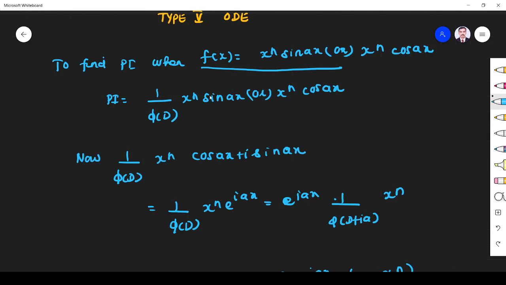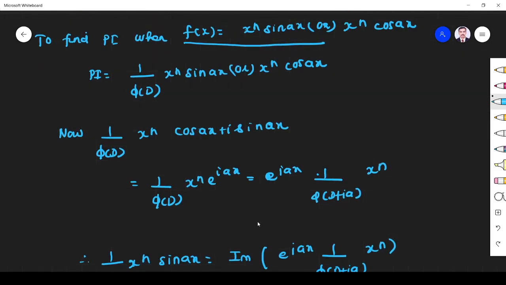We know that e power iax is equal to cos ax plus i sin ax. So I can write cos ax as the real part of e power iax, and sin ax as the imaginary part of e power iax, right?